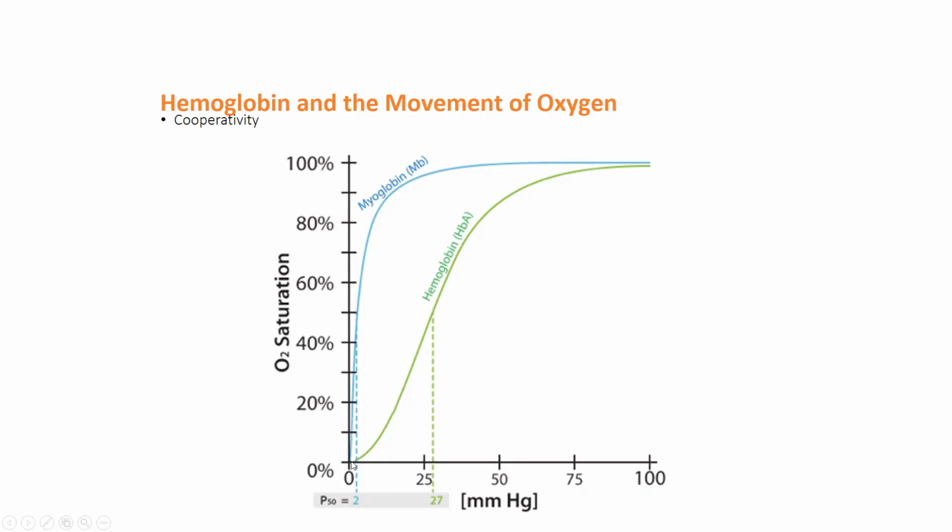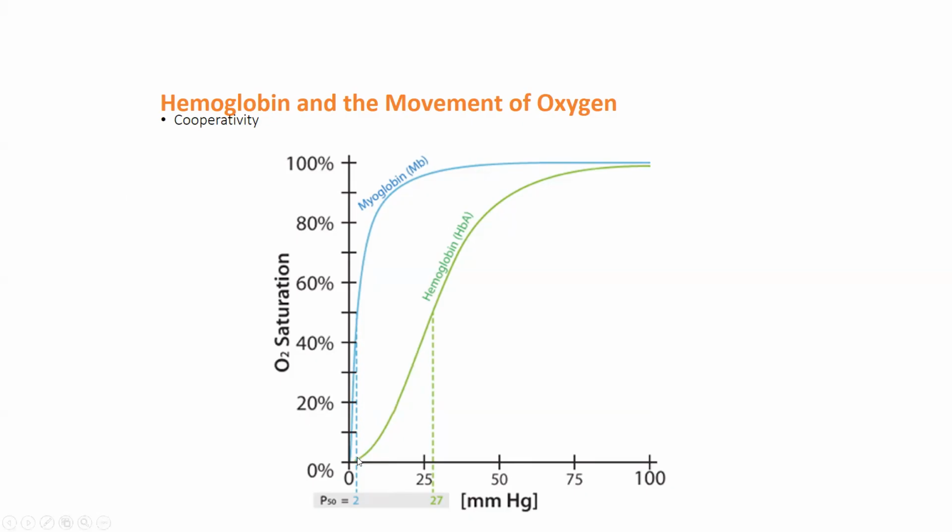But look at myoglobin. Myoglobin doesn't care. The tissue will say, I'm 100% oxygen. Myoglobin will say, I don't need to give you, you already have 100% oxygen. But when we are here, the tissue will say, I'm 10% oxygen. Please give me 90% oxygen.